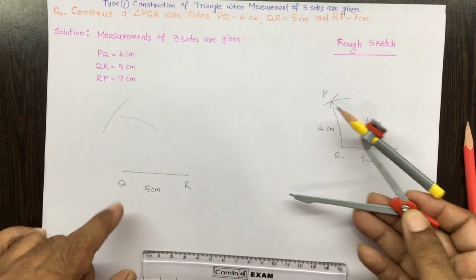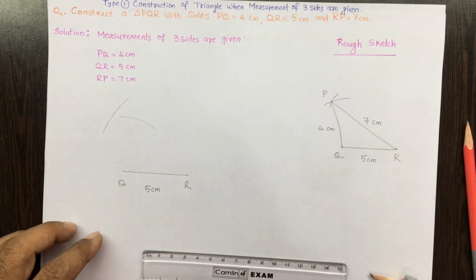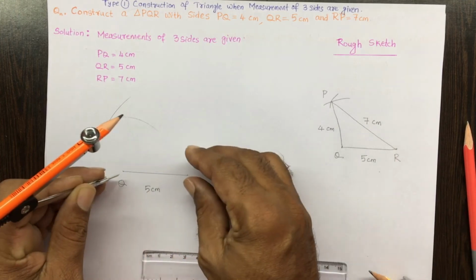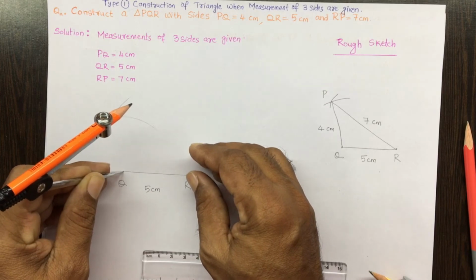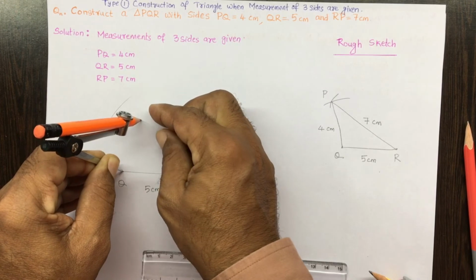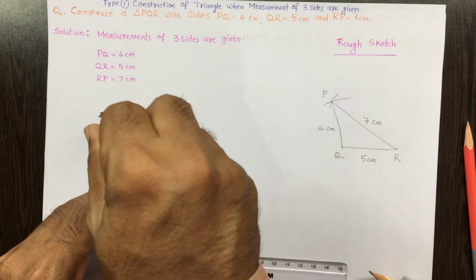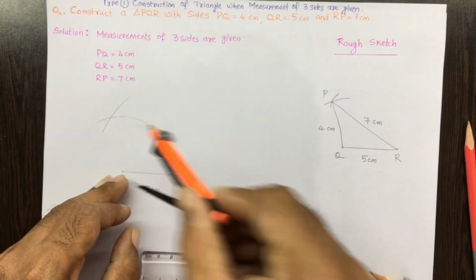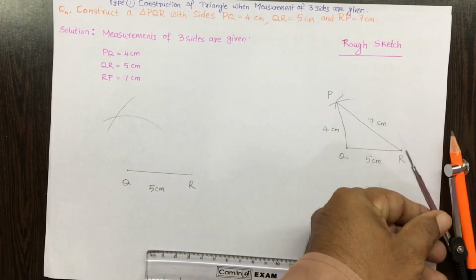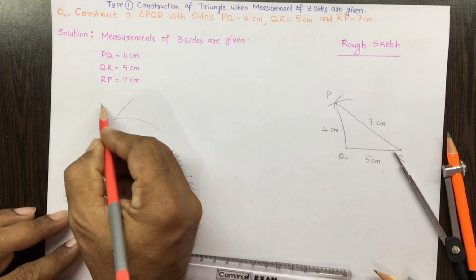We can extend the previous arc. So, it is 4 centimeters. Let us check it properly and extend it so that it can cut the other arc. Now, we got the point P.